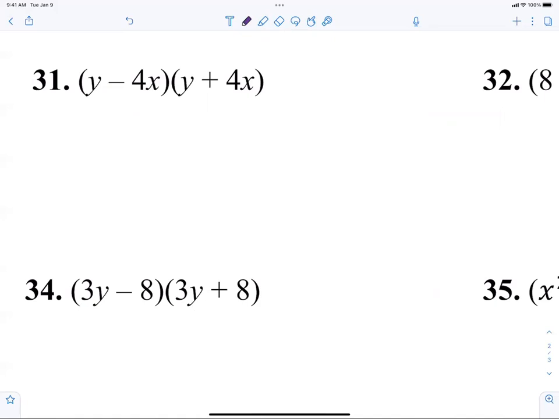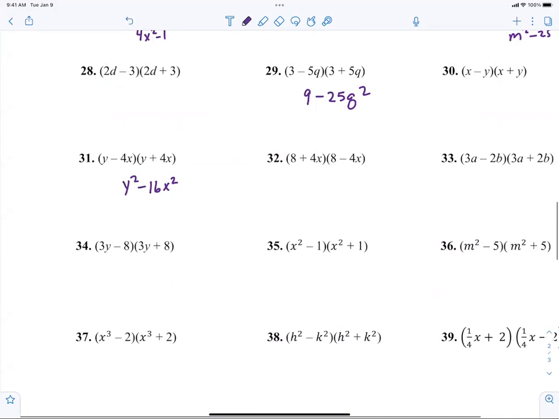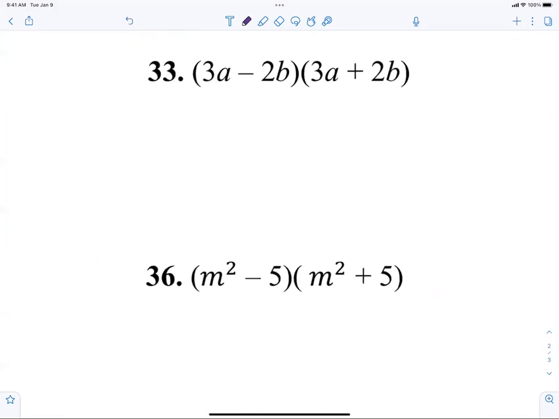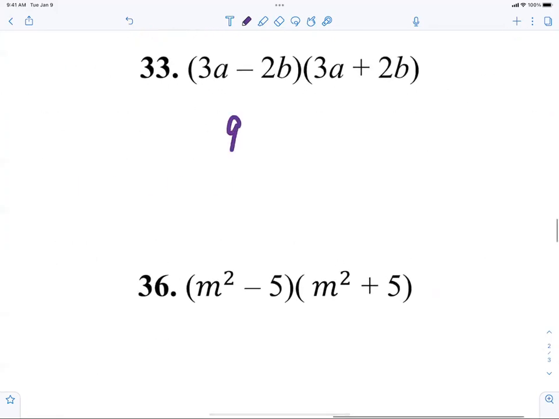Y squared minus 16x squared. You're awesome. Thank you for listening. Reese, don't be confused by all the letters. Go. 9 squared minus 4b squared. You're amazing. Thank you. Easy, easy patterns.